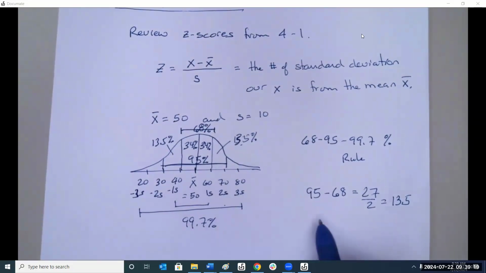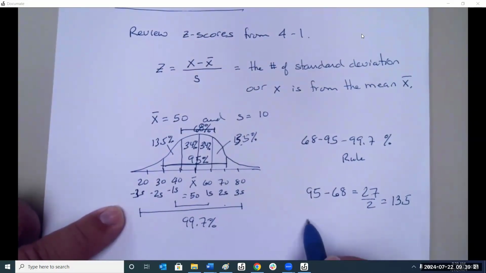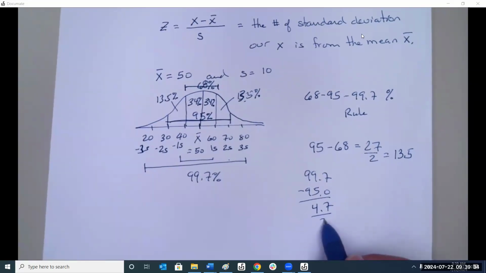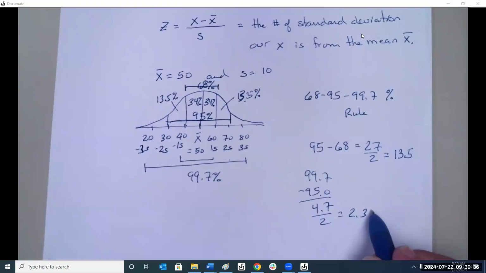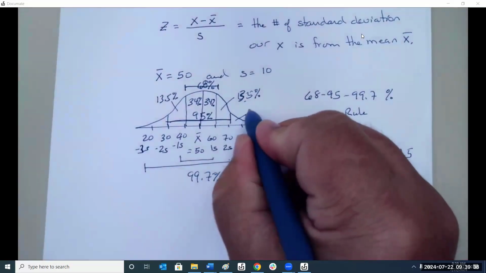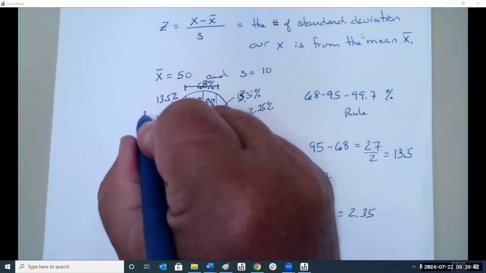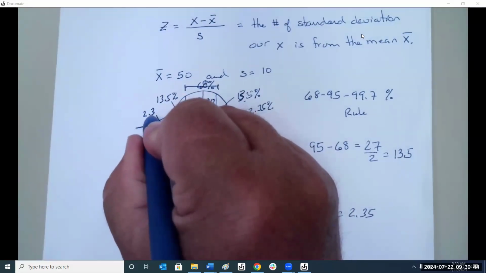And then lastly, in the 99.7%, if we take 99.7 and subtract 95, we get 4.7%. Divide that by 2, we get 2.35% of our data falling in that small area of the third standard deviation.